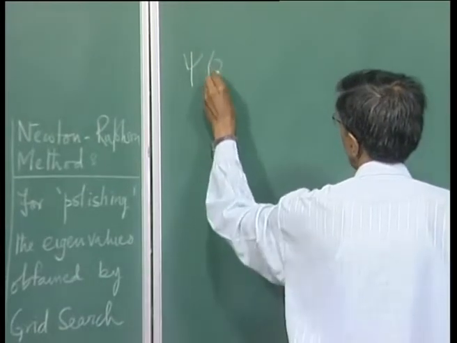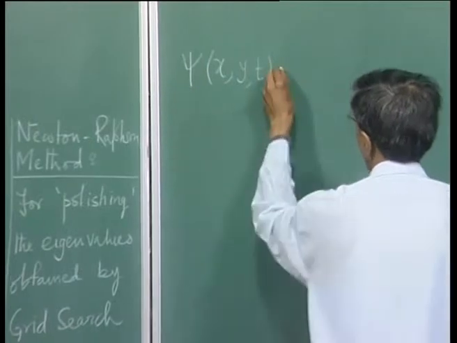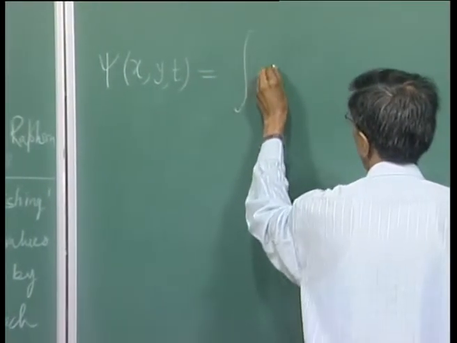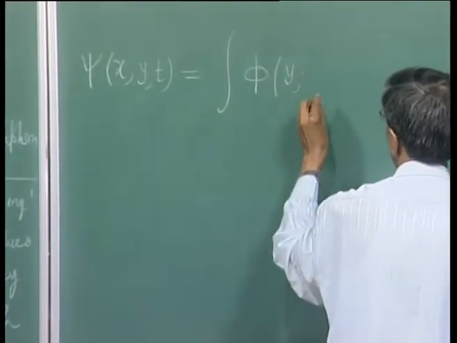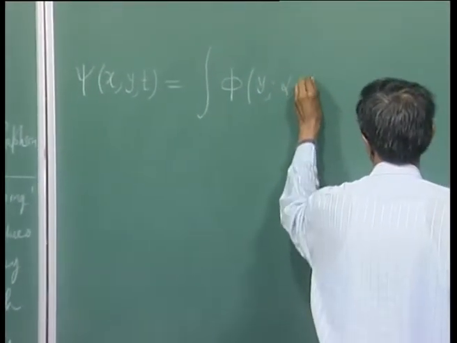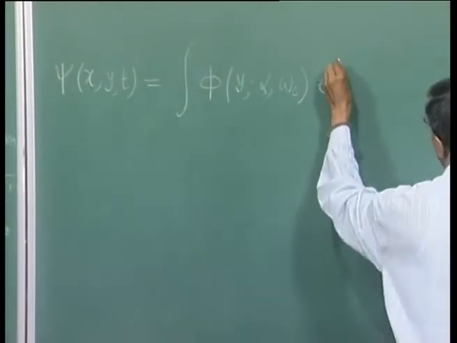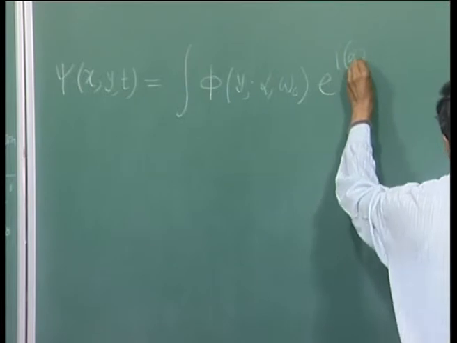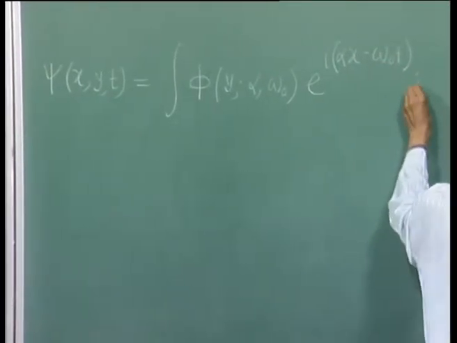suppose I represent a disturbance stream function like this, in terms of phi(y, alpha, omega naught) and e to the power i(alpha x minus omega naught t) d alpha.